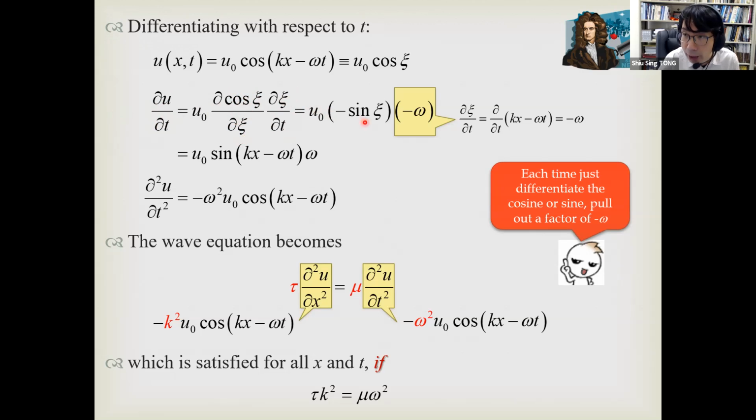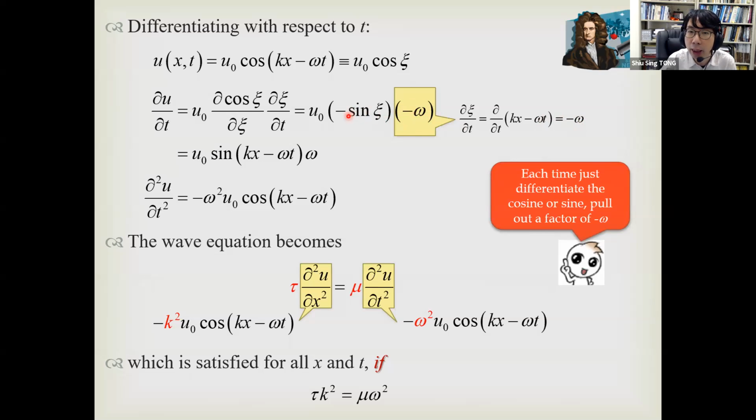The derivative of cosine is minus sine. When I differentiate C with respect to time t, x is kept constant. Now we are doing the derivative with respect to time, so x is independent of time. So I treat it as constant, and the derivative is 0. The derivative only acts on the second term, which gives me a factor of minus omega. So what I have now is a factor of minus omega at the end.